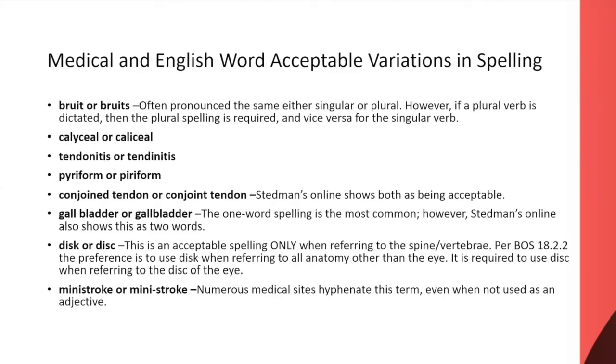But when it's referring to the disc of the eye, then you must use the C, D-I-S-C. So remember that. For the eye, always use D-I-S-C. But for the vertebrae or any other disc in the bone or spine or wherever, D-I-S-K or D-I-S-C, either way will be acceptable, okay?